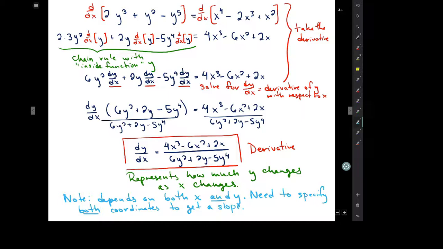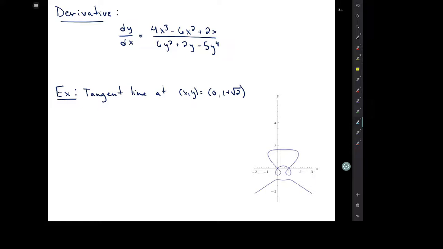And I am going to show you an example of that in a little bit. But first, let's look at a slightly more basic example.